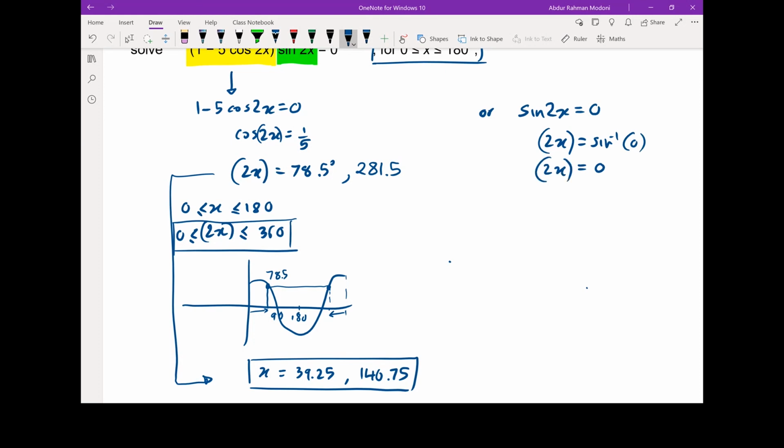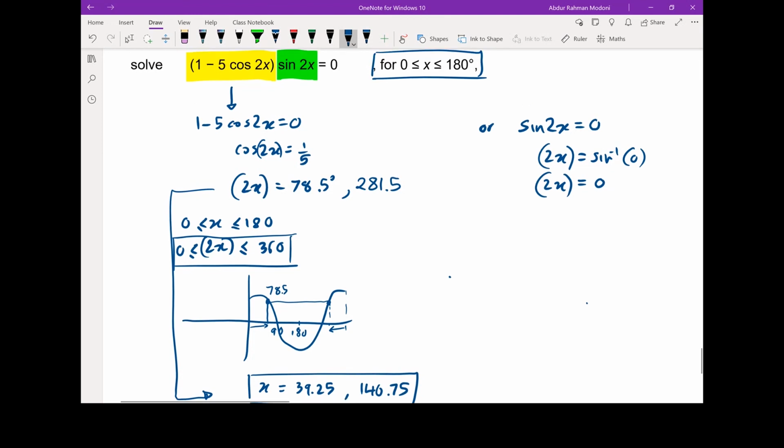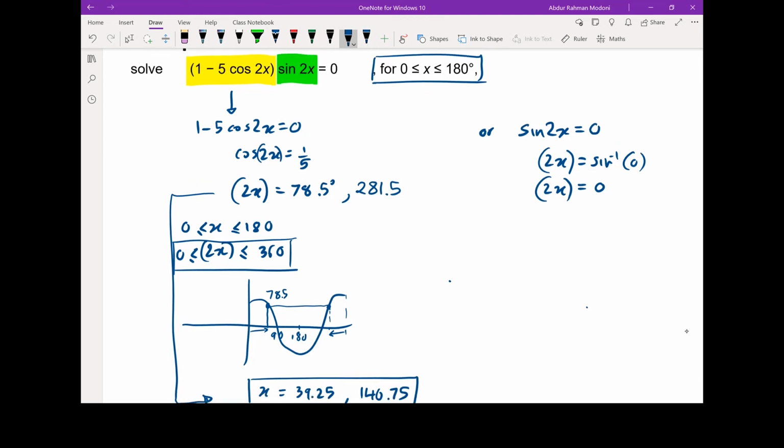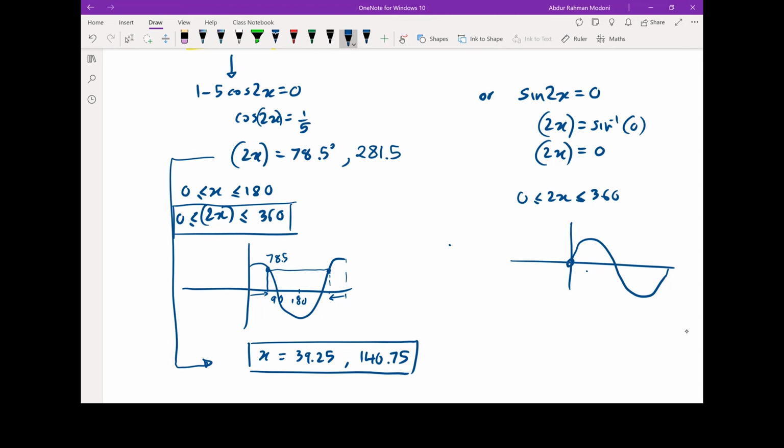We're going to draw the sine curve, and the interval is still the same: x less than or equal to 180 and greater than or equal to 0. So we're still looking at 2x less than or equal to 360, greater than or equal to 0. Same again, this time drawing the sine curve, and we have solutions 0, 180 and 360.